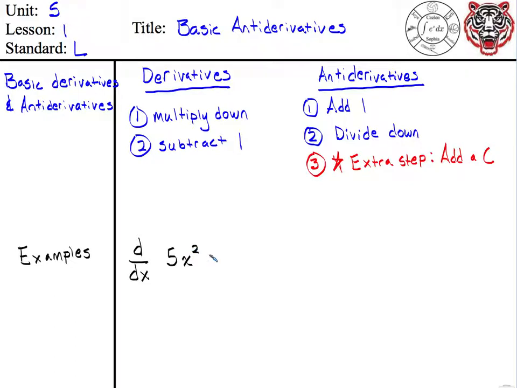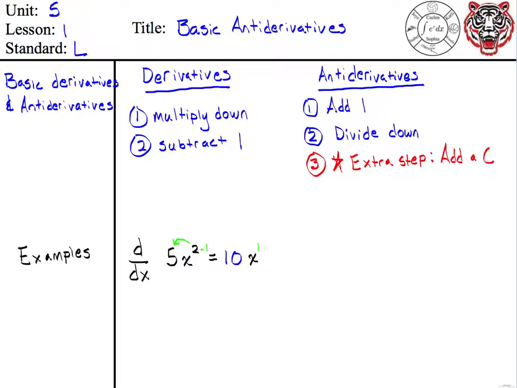The derivative of 5x squared is equal to, all right. Again, the steps were multiply down, so this 2 got multiplied into the 5, and that becomes a 10. I still have my original x, and this 2 got subtracted by 1, and it becomes a 1. Do we need to put the 1? You don't need to put the 1.